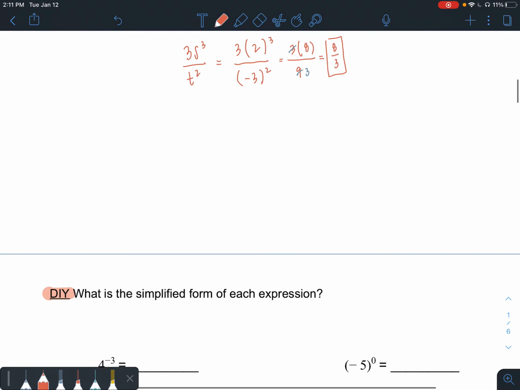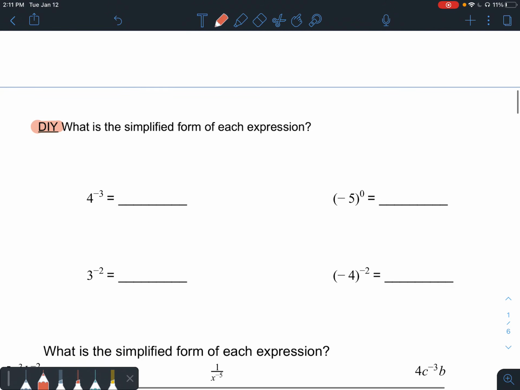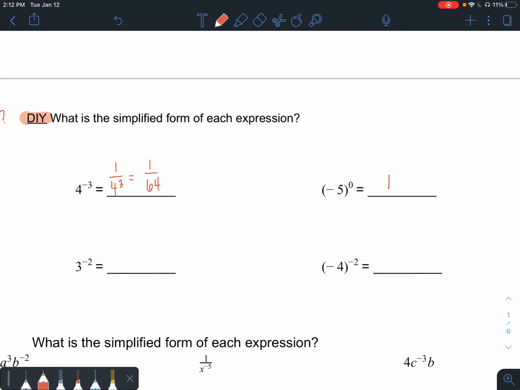All right, now I want you to try these next few on your own. 4 to the negative 3, you get 1 over 4 to the third, which is 1 over 64. Don't be afraid to use your calculator. Negative 5 to the 0 is 1. 3 to the negative 2 is the same thing as 1 over 3 squared, or 1/9.